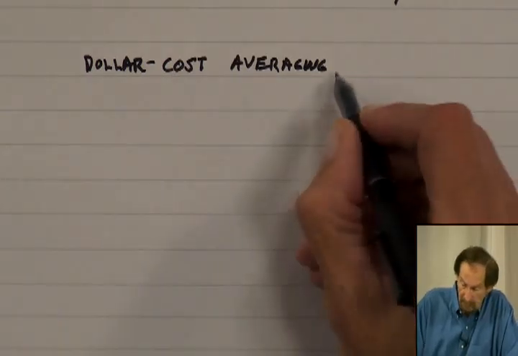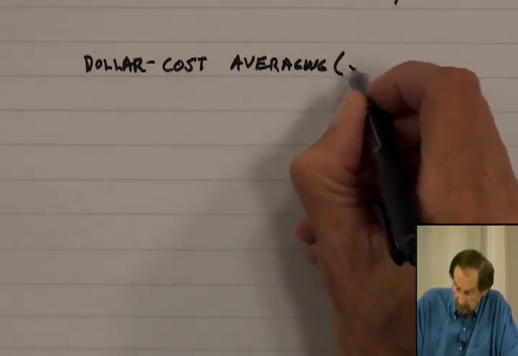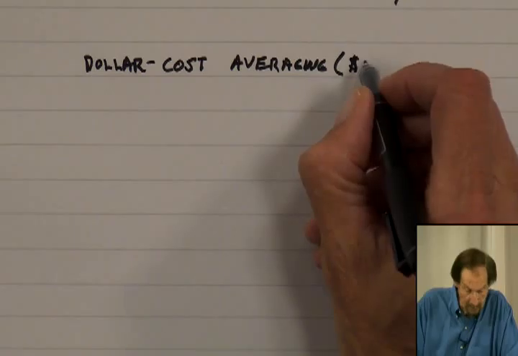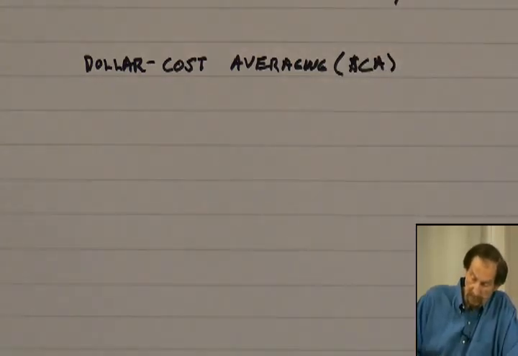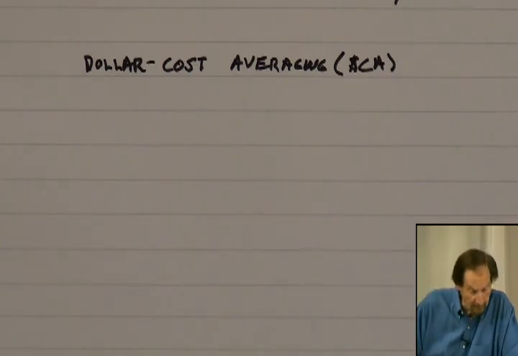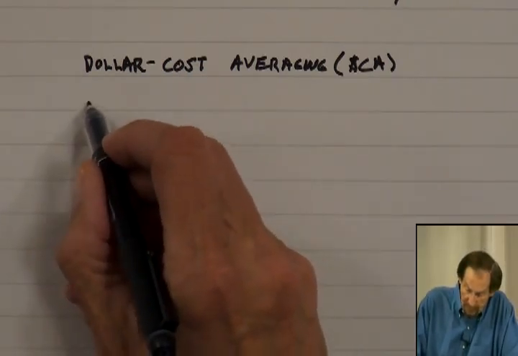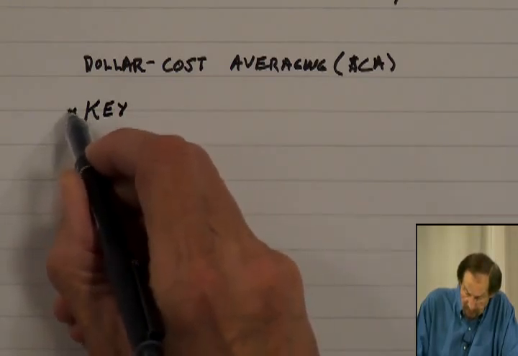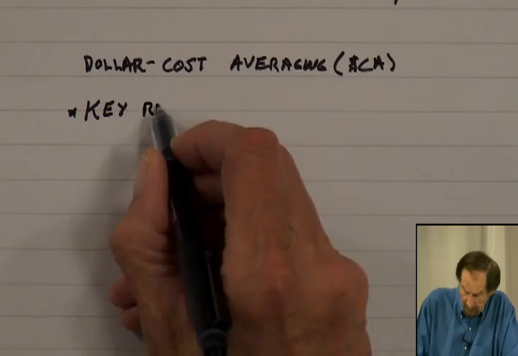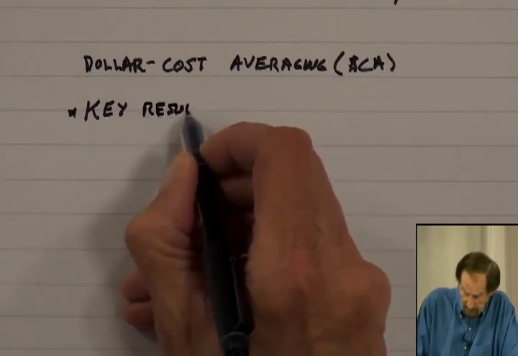Okay, and I'll shorten that by just saying $CA. I'll abbreviate that. And our key result on dollar cost averaging is the following.